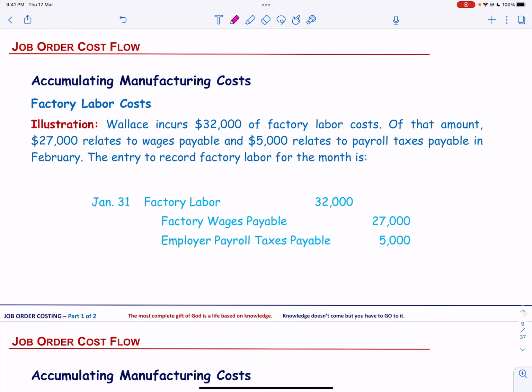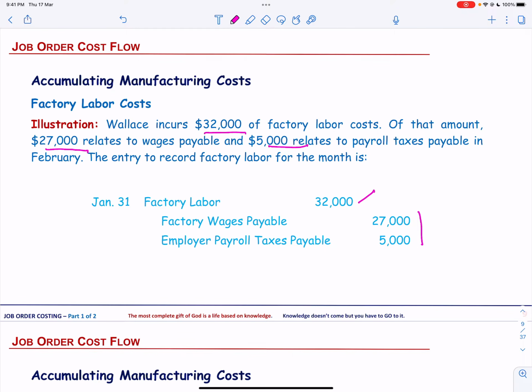Wallace incurs $32,000 of factory labor cost. Of that amount, $27,000 relates to wages payable and $5,000 relates to payroll taxes payable in February. The entry to record factory labor for the month is factory labor debit, and factory wages payable and employer payroll taxes payable credit.